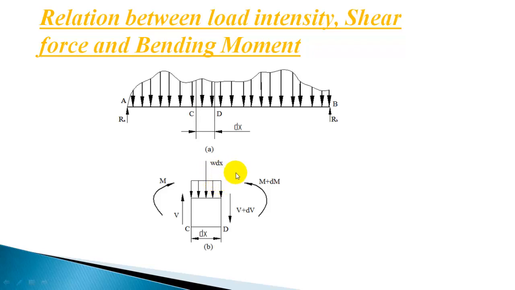W is the intensity in kilonewton per meter or Newton per meter, and this small elemental length, dx, will give the resultant load. So the resultant load is W dx, and it will act at the center, that is at a distance dx by 2.